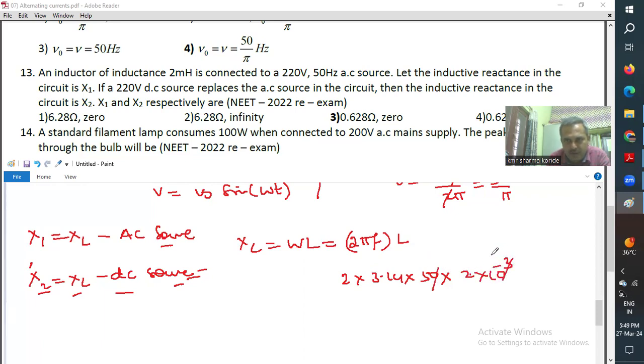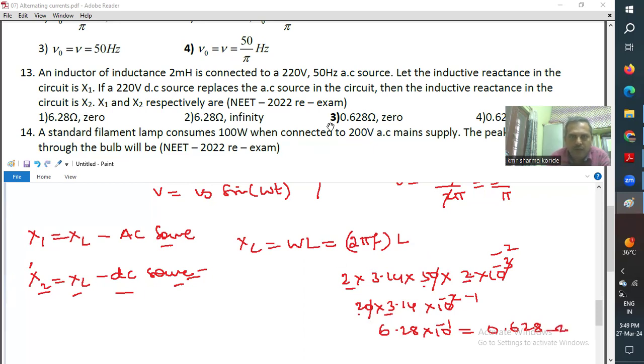So 2 into 50 is 100, giving 2 into 100 into 3.14 into 10 to the power of minus 3, which is 6.28 with 10 to the power of minus 1. So altogether there is 0.628 ohm XL. So the third option is correct.